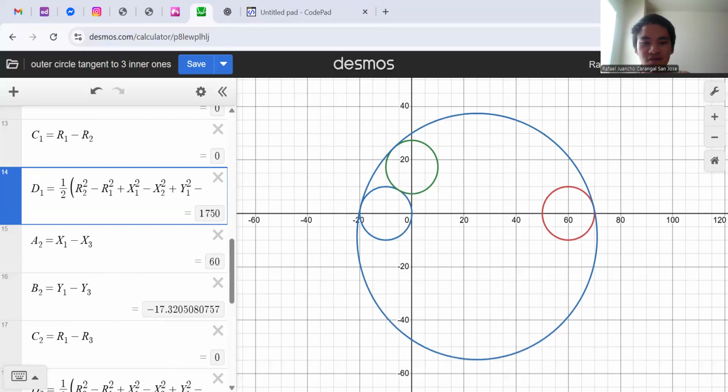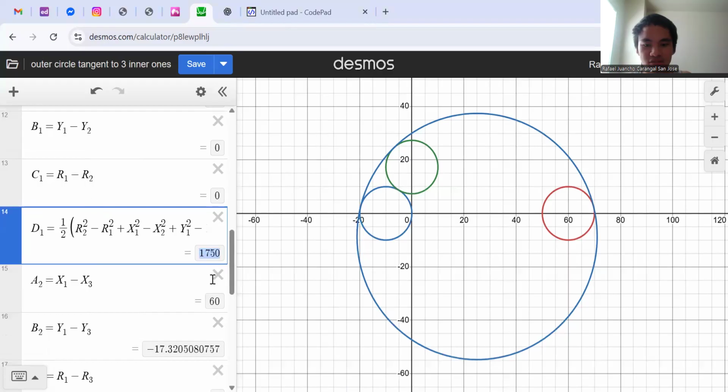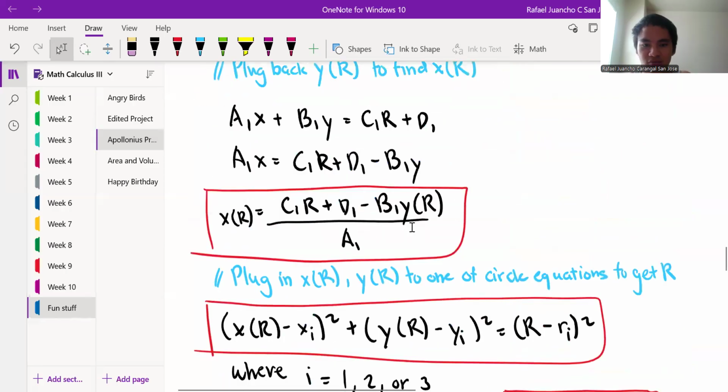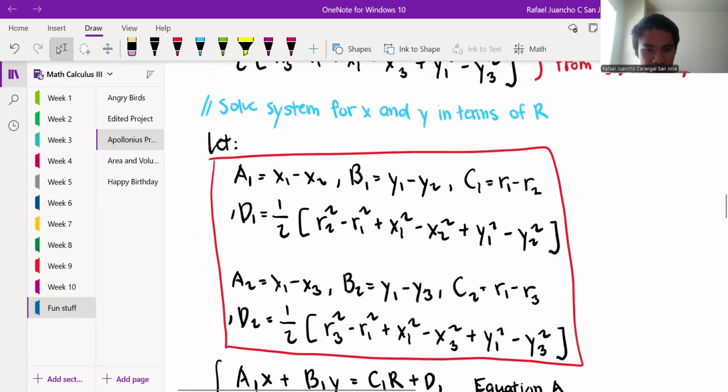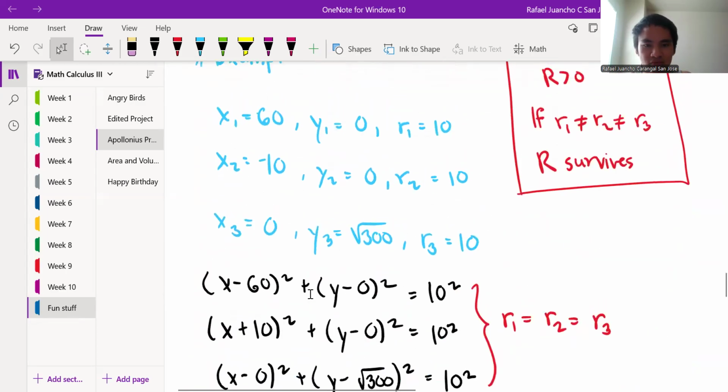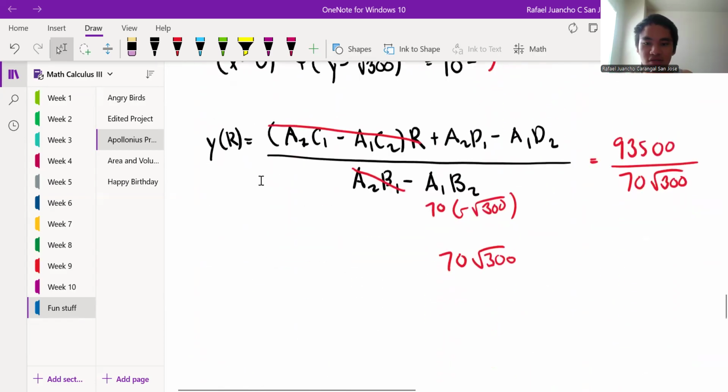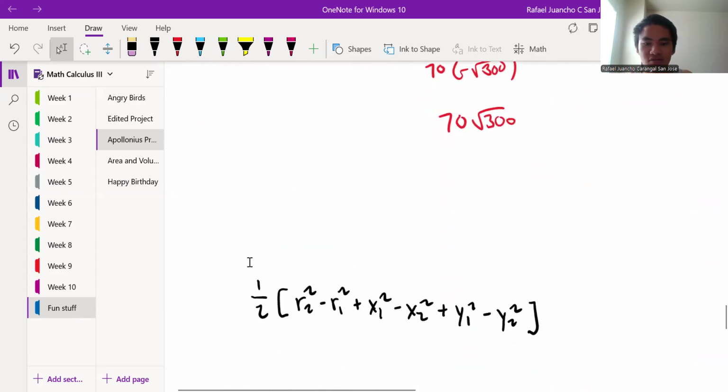It's just the numerator that's having issues for me. Okay, what was my A2? What am I sharing actually? Oh, I'm sharing my decimals. Let me go back to here. This is what I want to show. So my A2 is, let me double check decimals. X1 minus X3, right? So X1 minus X3, that's 60. So that's correct. A2 is indeed 60.